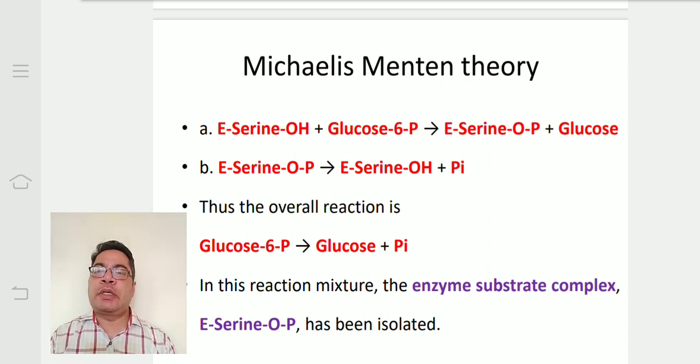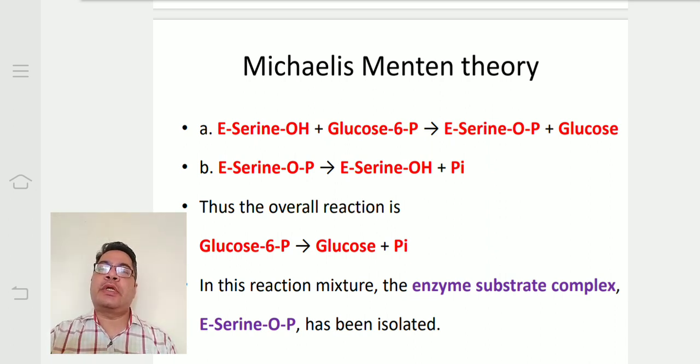In this reaction mixture, the enzyme substrate complex, that is E serine oxygen phosphate, has been isolated. If the concentration is increased, the forward reaction K1 is increased, and so K3 as well as the total velocity is correspondingly enhanced.